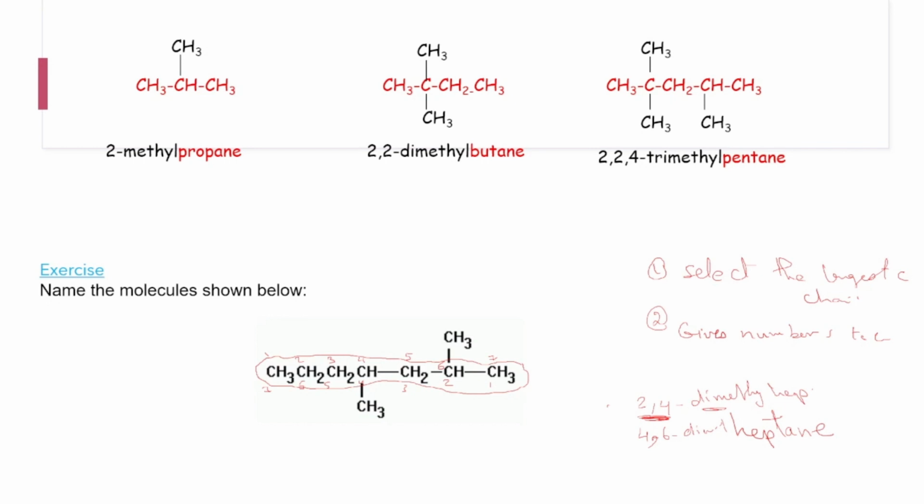Then, whenever you have one or more substitutions, start numbering from the side of the chain so that the substitutions, branches, or alkyl groups take the least possible numbers, because this is the most correct IUPAC name. So this compound is 2,4-dimethylheptane. We number from the right hand side because numbering from this side gives the two alkyl groups the least possible numbers.